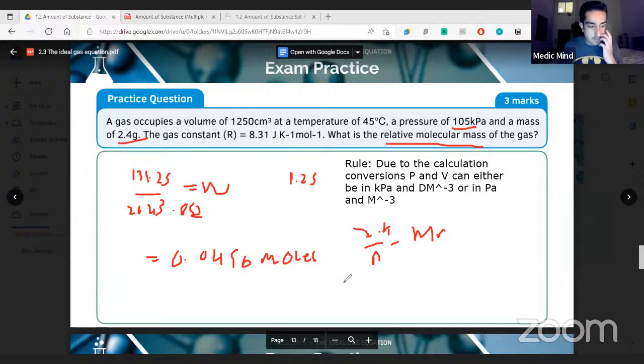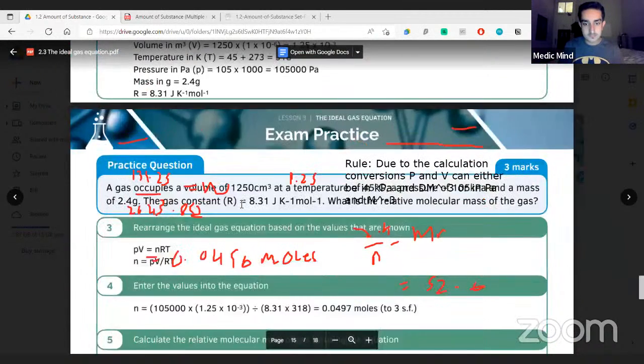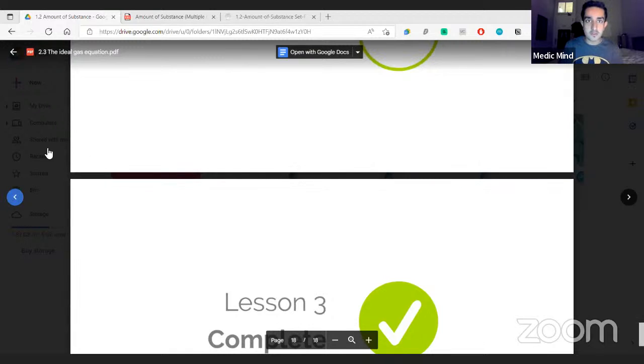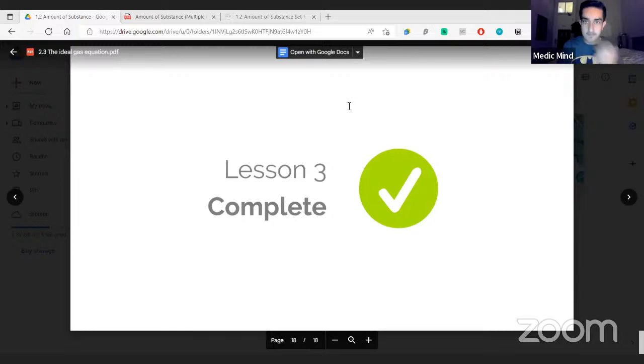And you've been given a relative mass of about 52.6. And that's how you use the PV equals nRT equation to basically work out different molecules.